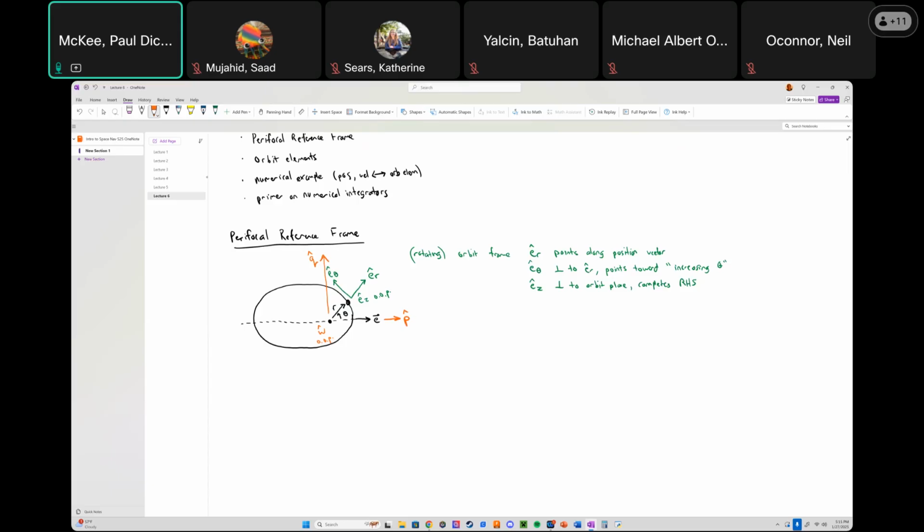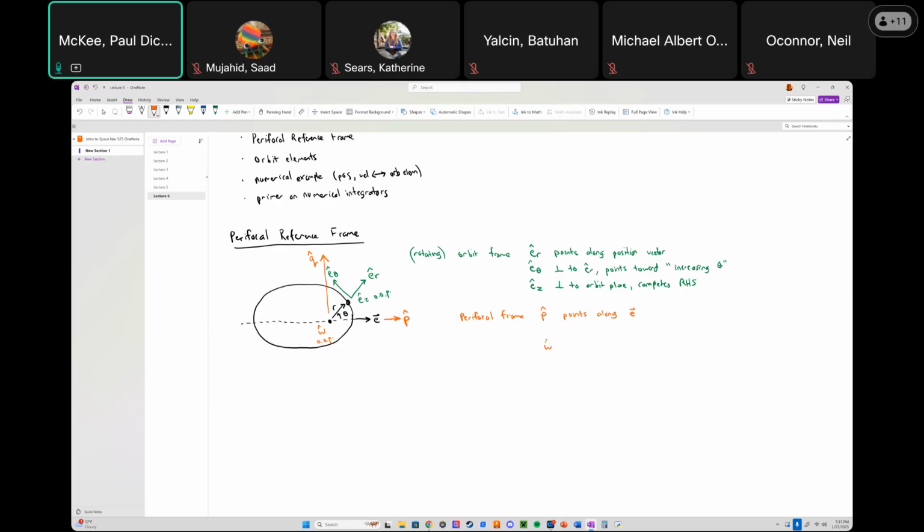This is the perifocal frame, where the P direction points along the eccentricity vector.